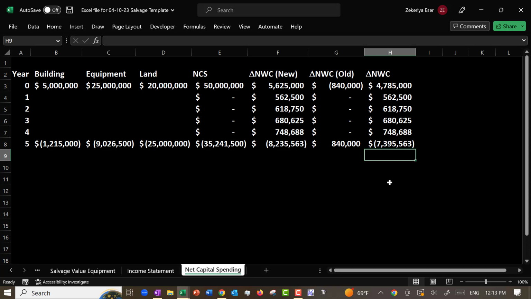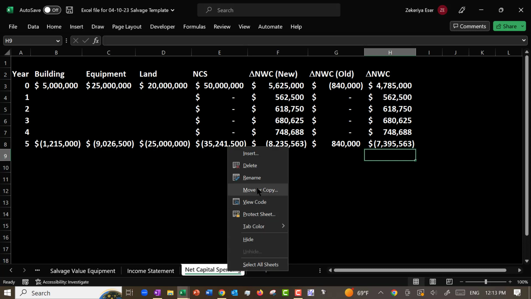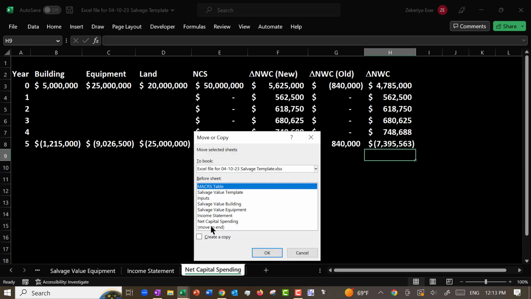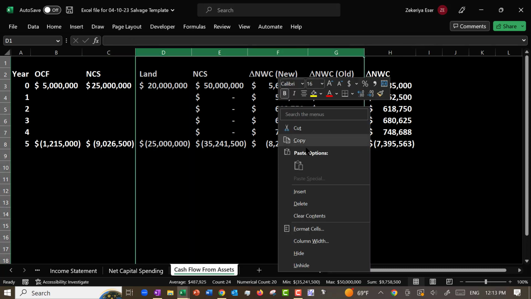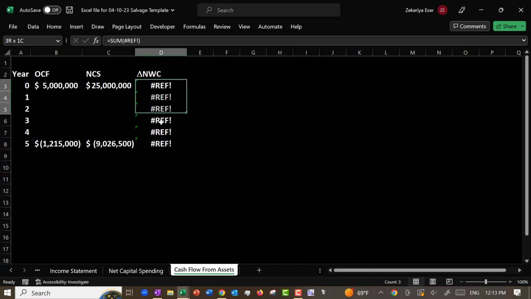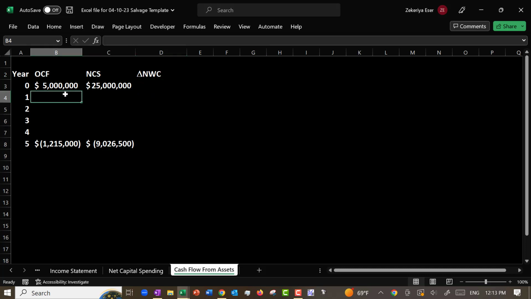So we got all the pieces in. Let me move this. Take the OCF.